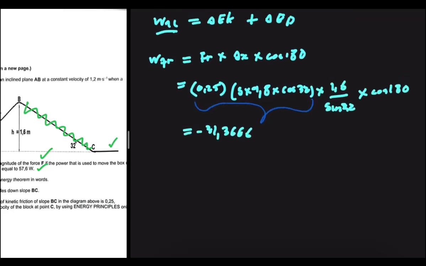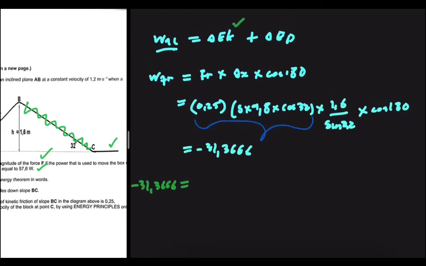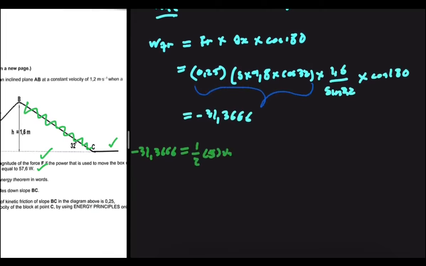If we substitute it back into our equation, we're going to get minus 31.3666 being equal to the change in kinetic energy. So that will be a half, the mass is 5 kg, multiplied by Vf squared, minus a half, the mass is 5 kg, multiplied by Vi squared.